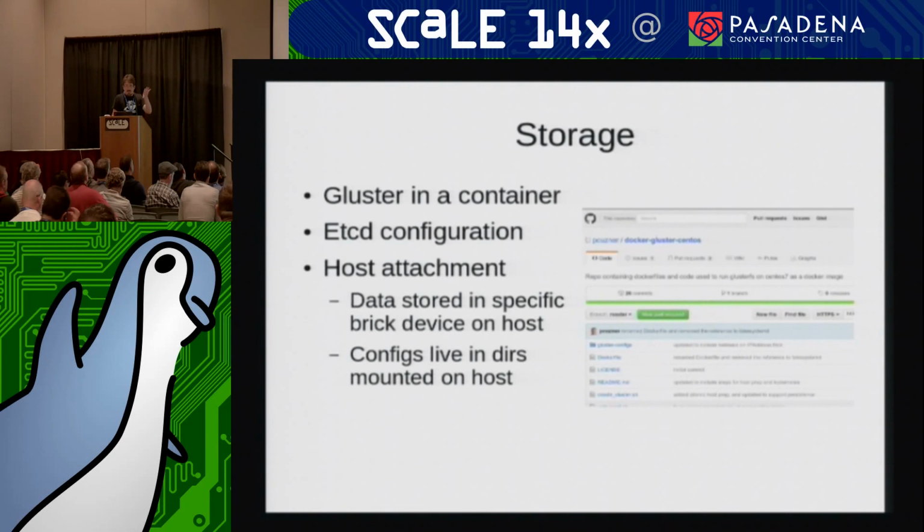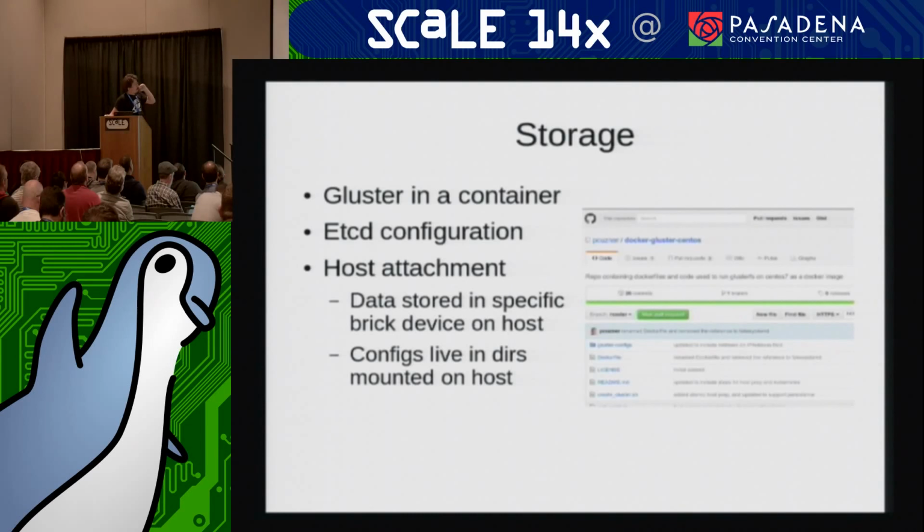When you go to set up your Gluster part, you send some configuration information to etcd, which is the key value store that Kubernetes uses for its own needs. When the containers come up, they talk to etcd. They say, "This is who I am," and hook me up with the config info that I need.